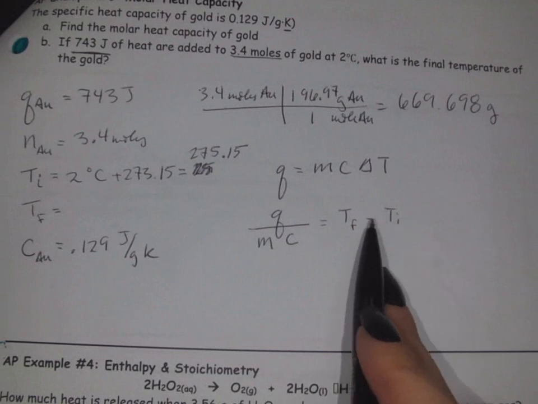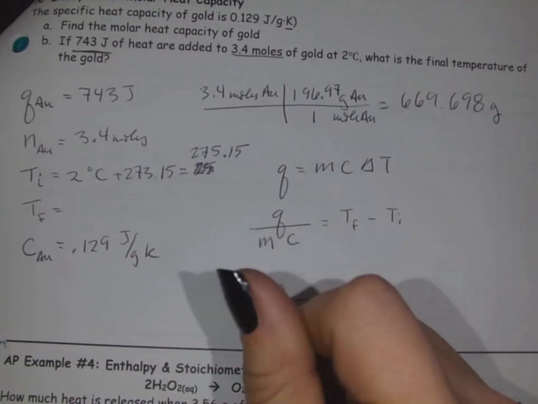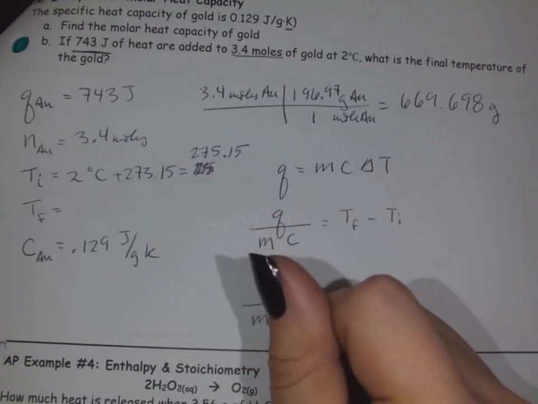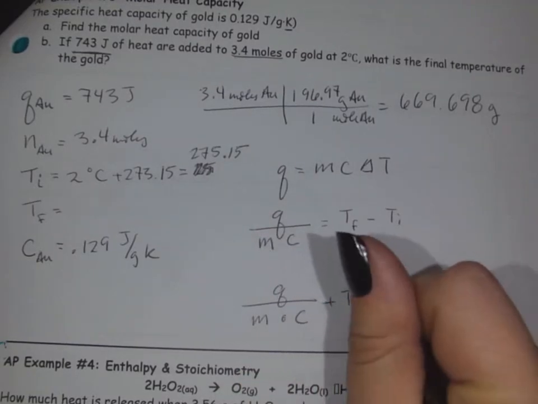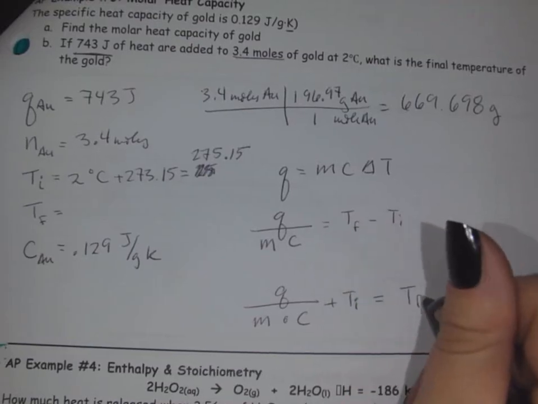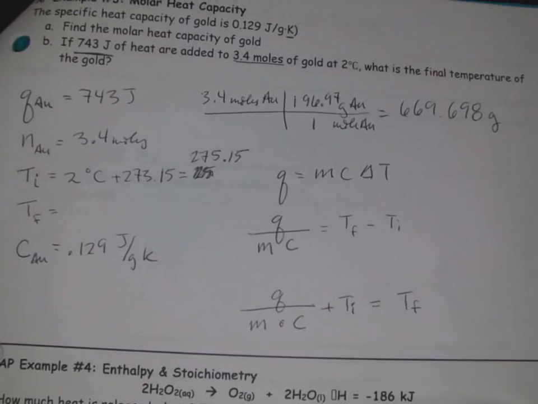So the last step will be adding temperature initial. So heat divided by mass times the specific heat capacity, plus the temperature initial, is going to equal my temperature final.